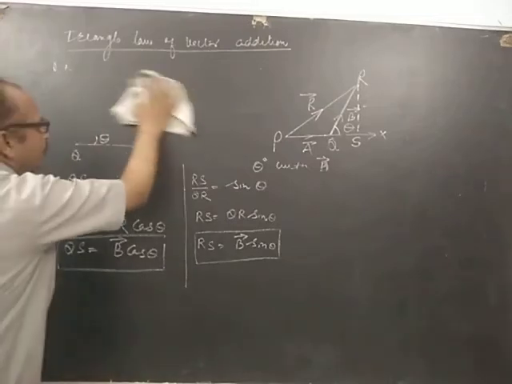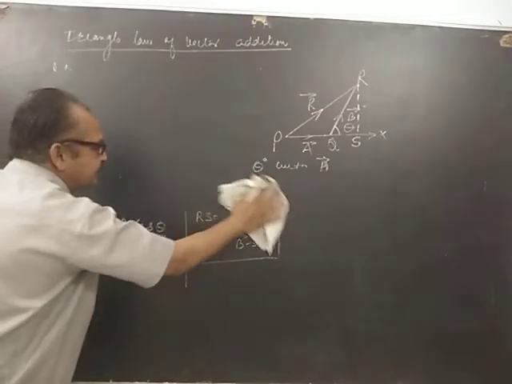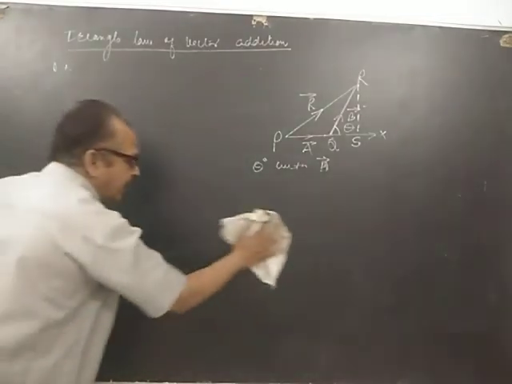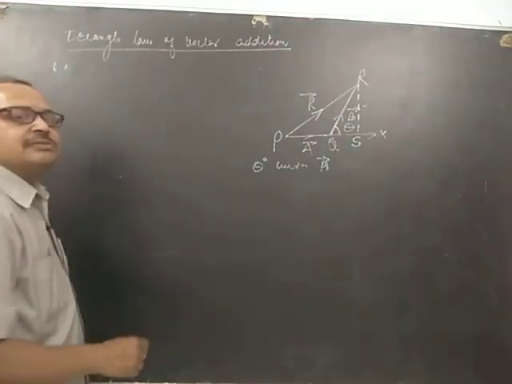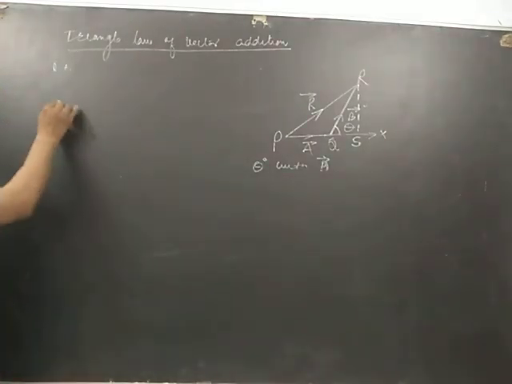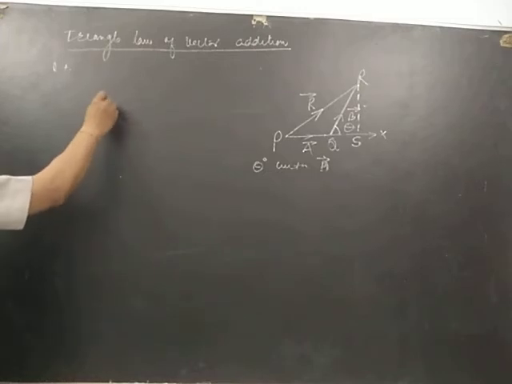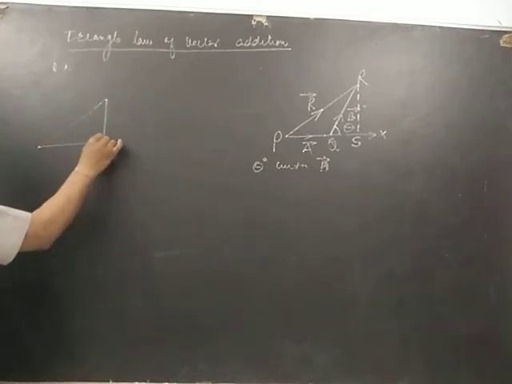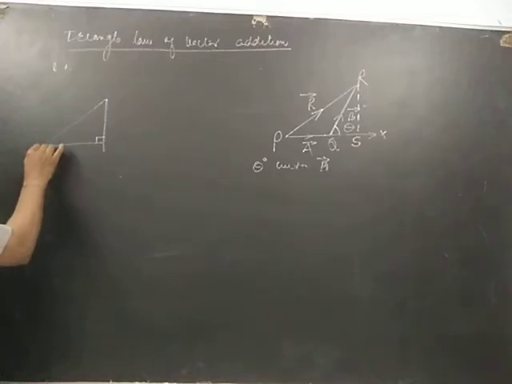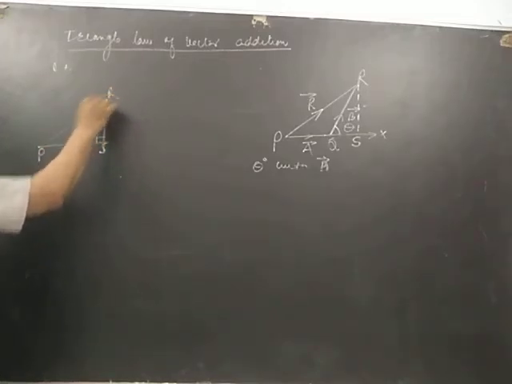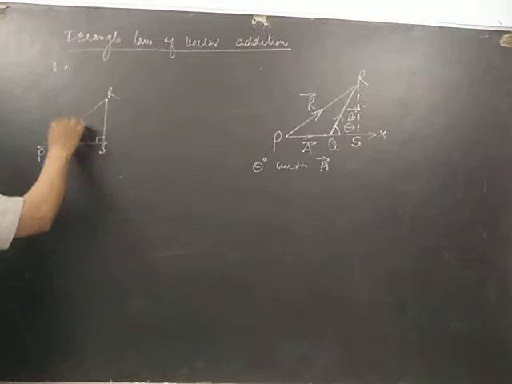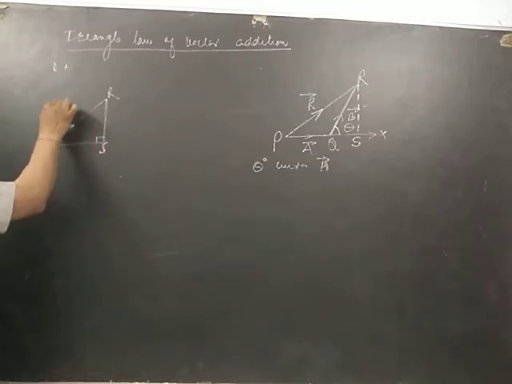Now I want to find basically the value of R. And where is R? Shabash. So R is in the triangle PSR. This is R. R is in the triangle PSR.